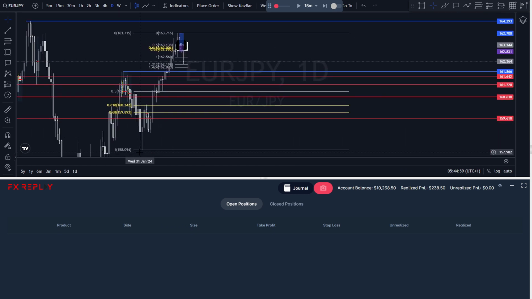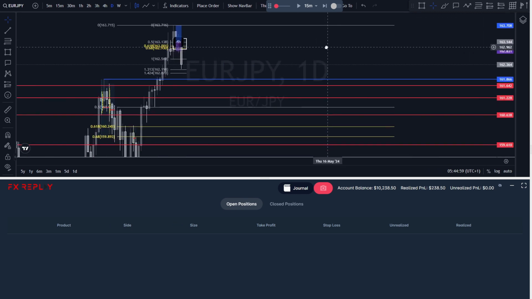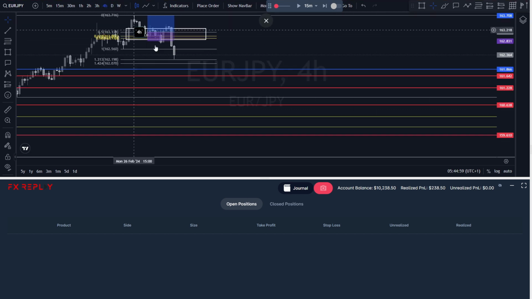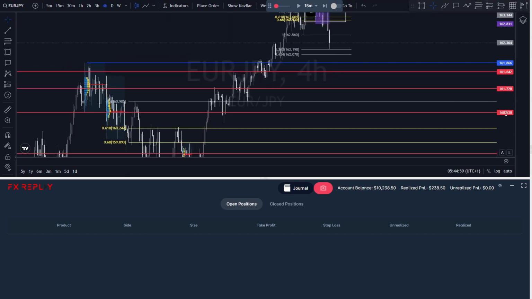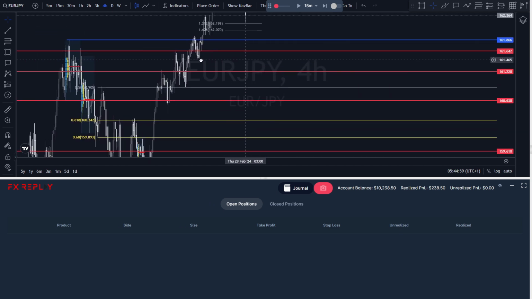So yeah, I placed my equilibrium from this swing low to the swing high. Price is currently there, and it actually also makes sense, because I didn't really look into the daily and weekly chart and zoom out. I think that was my mistake.